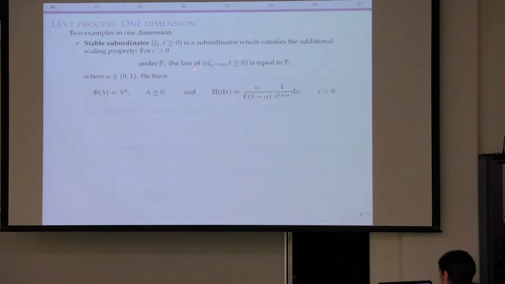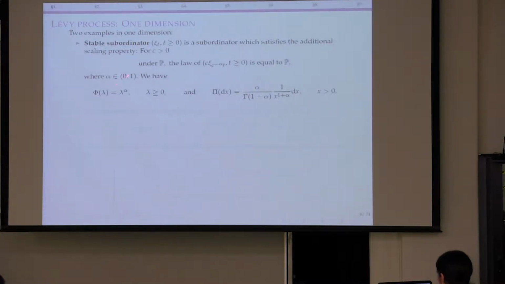You multiply by a constant in space, and if you scale time, so you dilate space and you also dilate time in an appropriate way, the alpha here is the index of self-similarity, which is one of the parameters defining the process. So this scaling leaves the process untouched in law. You take the process, you stretch it in space, you stretch it in time in this way, and it's still equal in law to itself.